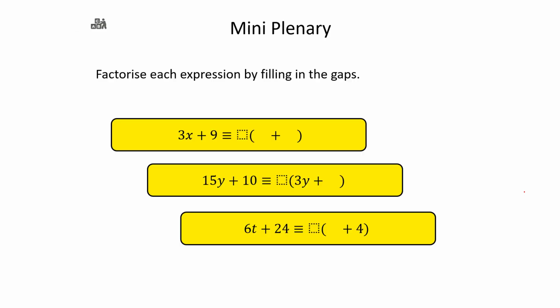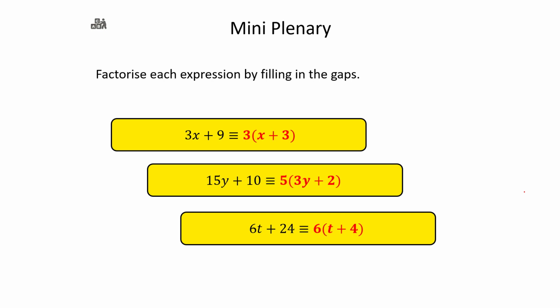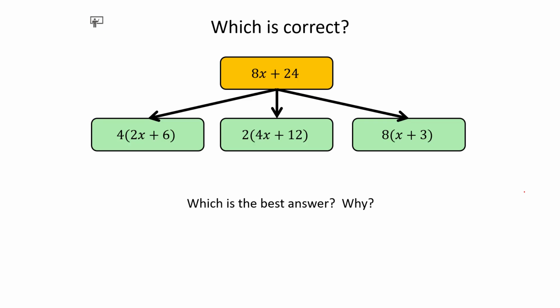Now here's a plenary. Pause the video and give that a go, see if you can do that. And I'm going to show you the answers now. Perfect. If you got that right, that really tests your skills. So here we go. Which one is correct? So I'm showing you this, and which is the best answer and why?